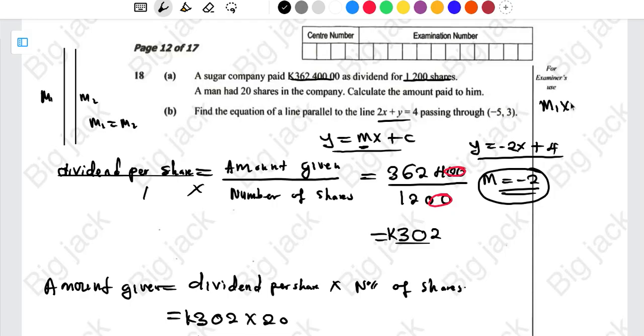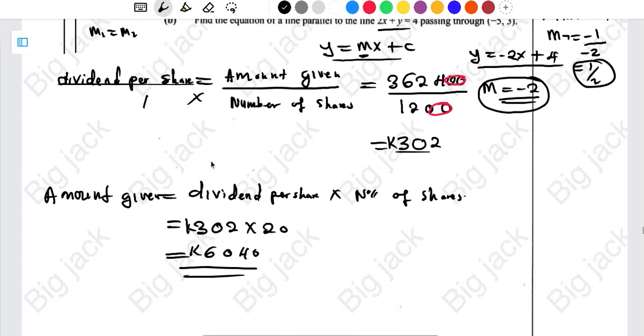First gradient multiplied by gradient number 2 is equal to -1. So gradient number 2 would have been -1 divided by -2, which is the same as 1/2. That is one thing you need to understand here. Now since they are parallel, there's no need of doing that.